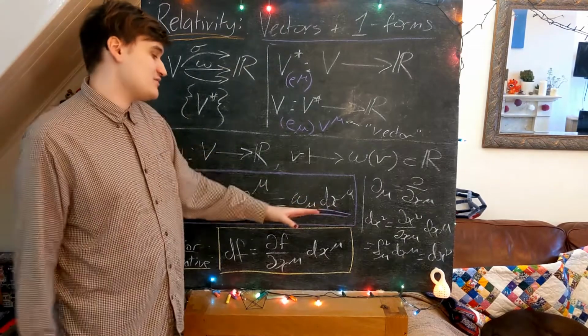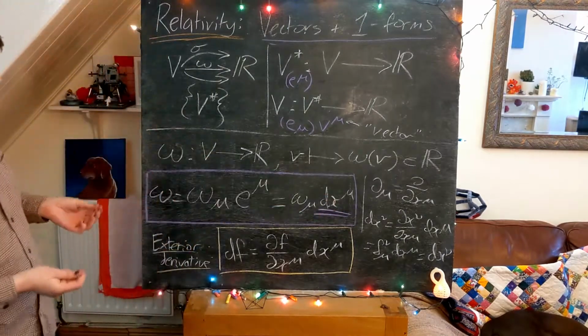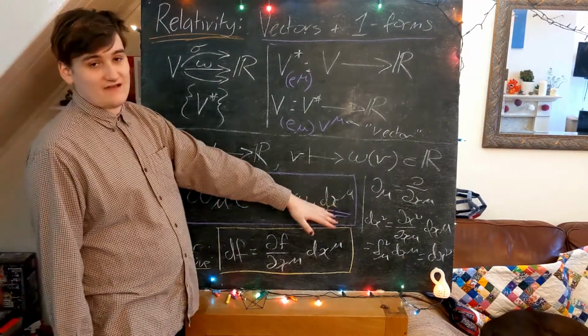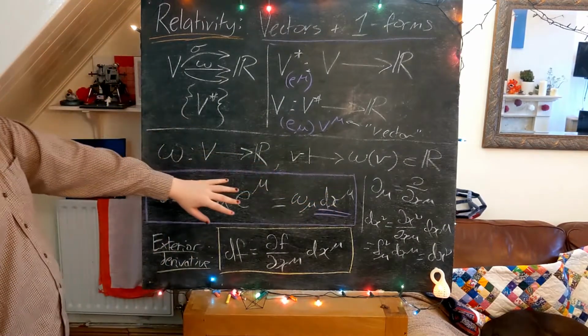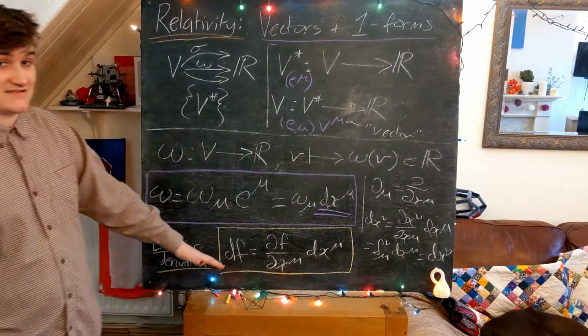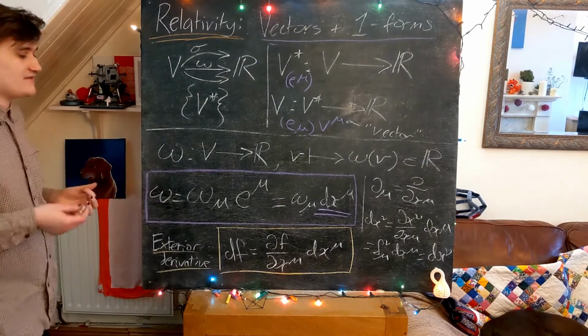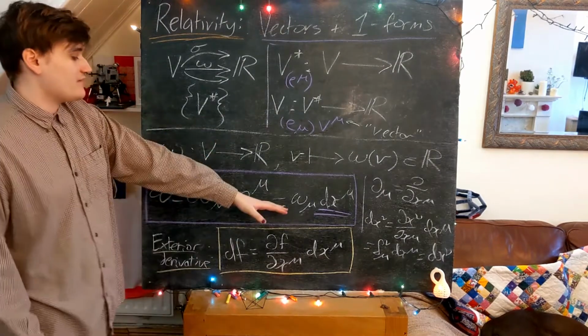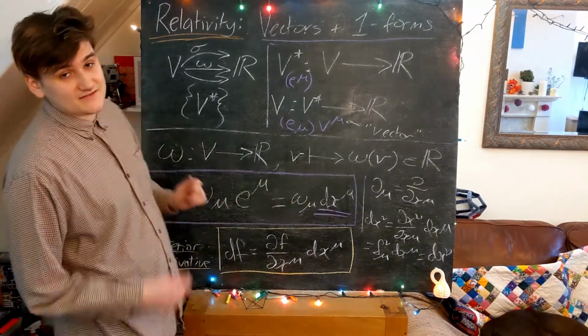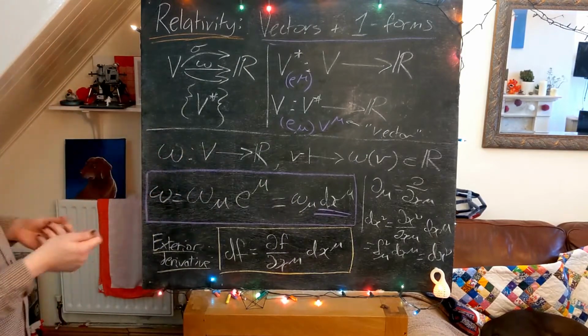This dx mu, you can simply define algebraically, having structure on its own as an object. You can just take this as the definition. We're going to see in the next video a nice way to interpret these dx mu objects using infinitesimal distances.